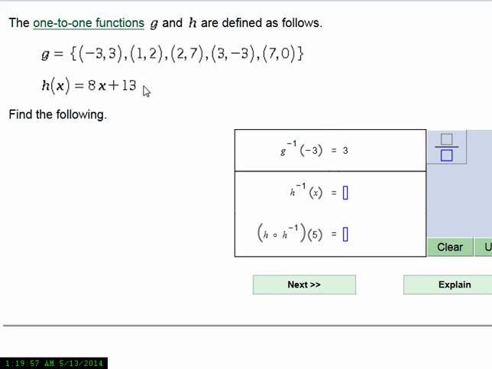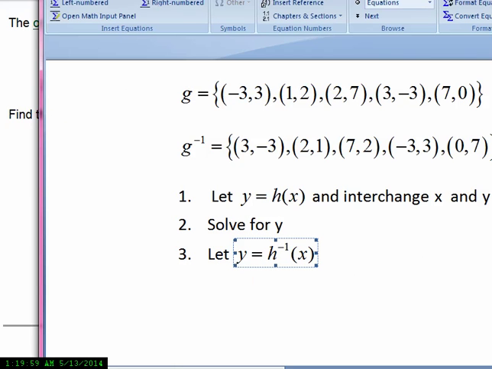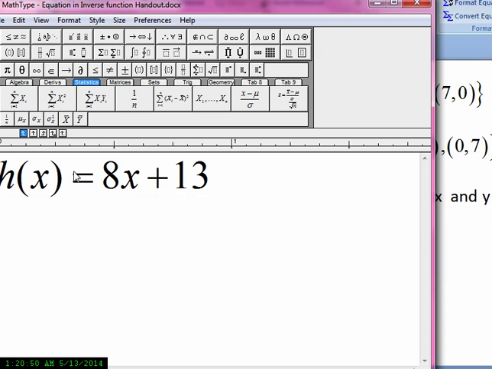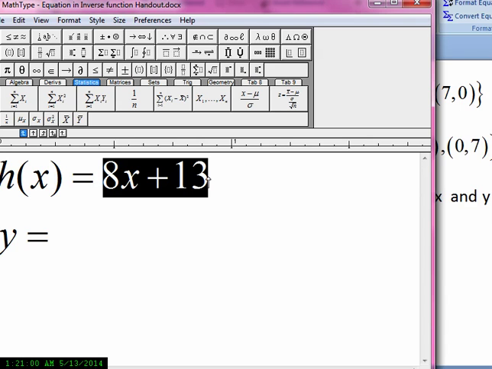So let's do our first step. Our first step says let y equal h of x. So we have h of x again equal to 8x + 13, and we're going to replace h of x with y. So we're going to have y = 8x + 13. So that's step 1.